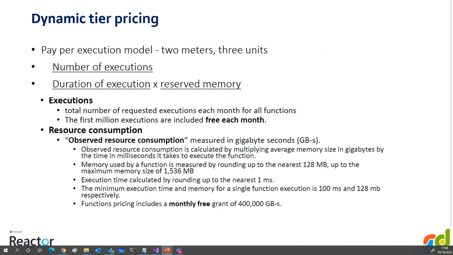So this must be taken into consideration when you plan to use Azure Functions, and we'll see tips in the next slides for managing that, for improving your Azure Functions performance and decreasing your cost, because the cost is affected not only by the number, but also by the duration and the memory that your function consumes.